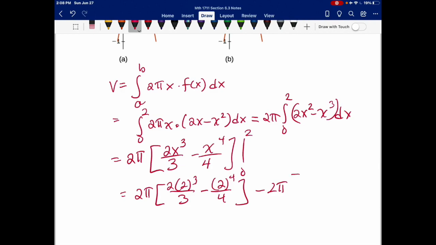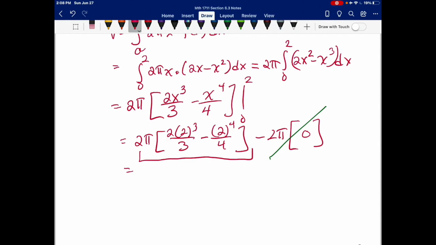So when I plug in 2 first, I get 2 times 2 cubed over 3 minus 2 to the fourth over 4. Then when I evaluate it at 0, I'm just going to get 0, so that disappears. When I finish evaluating this, you're going to get 8 pi over 3, and that's going to be units cubed.